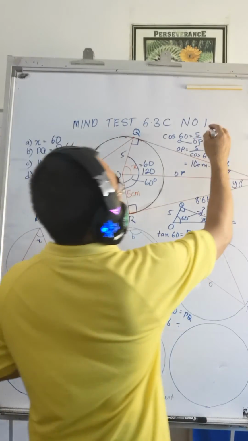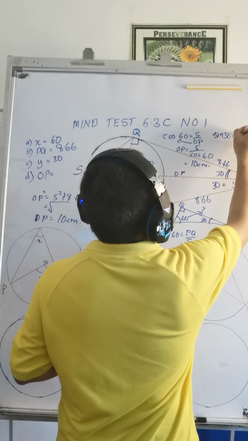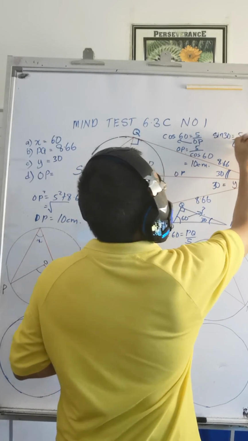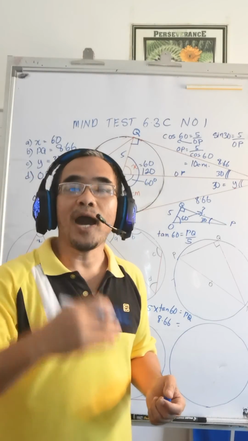So sine 30 equals 5 over OP, because sine is opposite over hypotenuse.